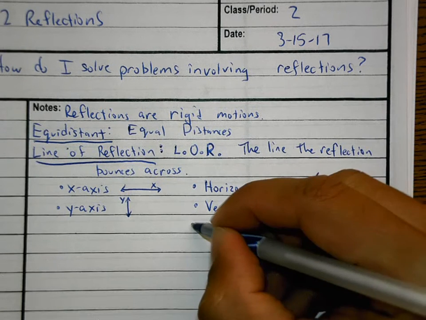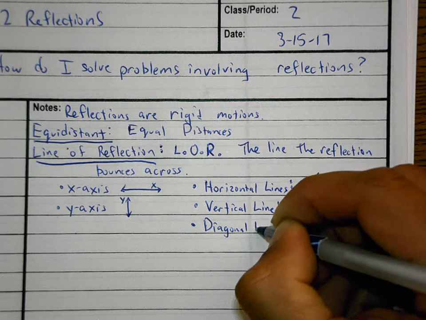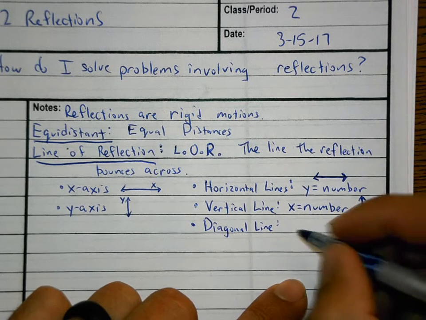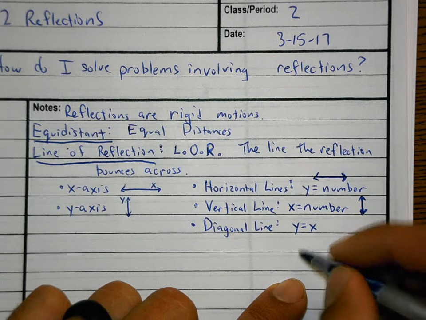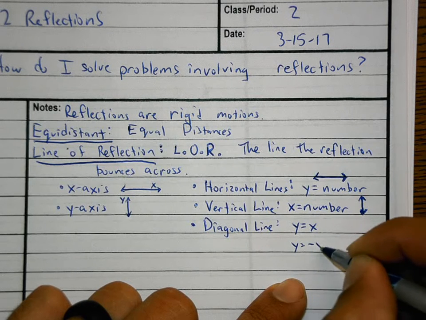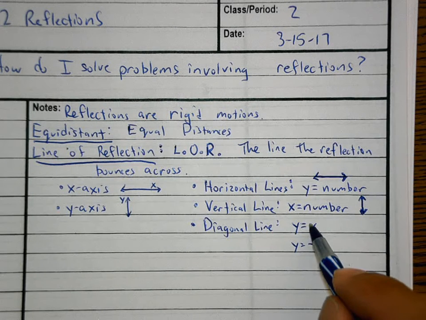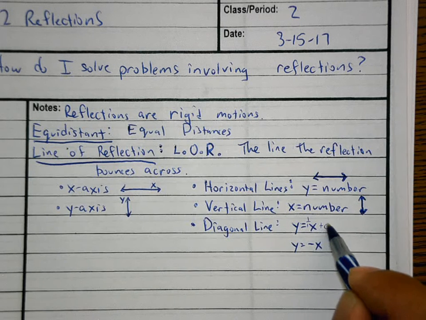The last example are diagonal lines. I'm going to give you 2 examples, y equals x and y equals negative x. If I have y equals x, it means your slope is up 1 over 1 and your y-intercept is 0.